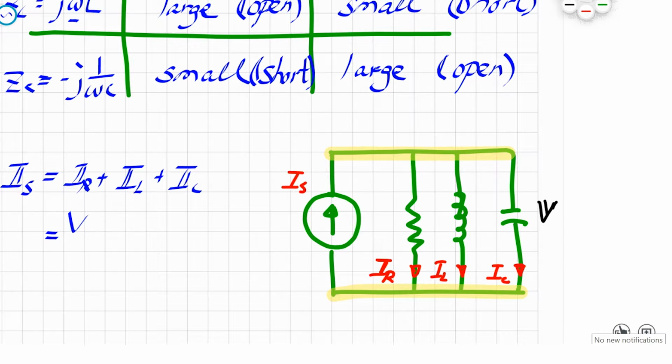So IR equals V divided by R. IL is equal to V divided by ZL, which is j omega L. And then, of course, the current for the capacitor is V divided by the impedance of the capacitor, which is 1 over j omega C.